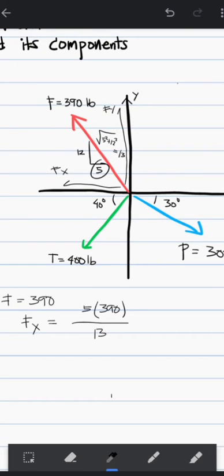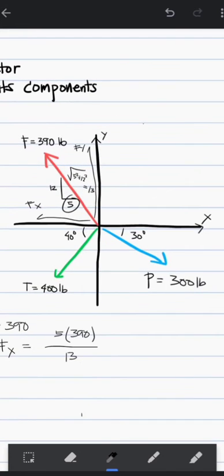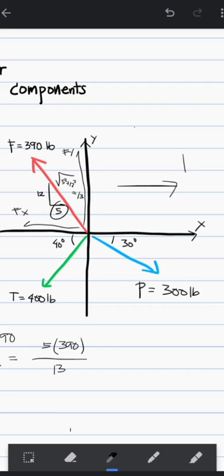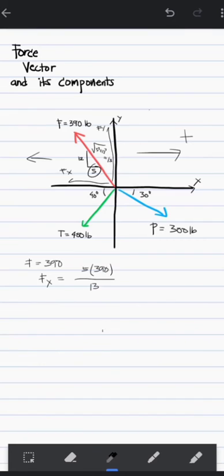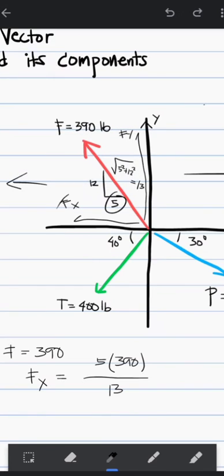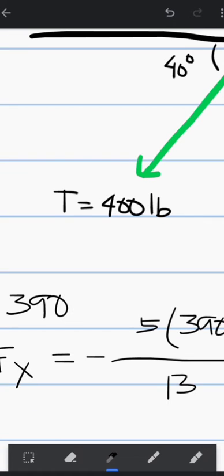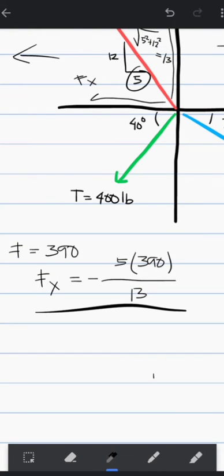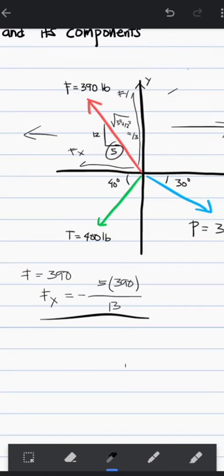It is easy to make an error because the direction is easily forgotten. If we assume that positive is going to the right, and our force is going towards the left, then automatically this f of x will be negative. So this is now the component of this force with respect to the x-axis, or the horizontal component.